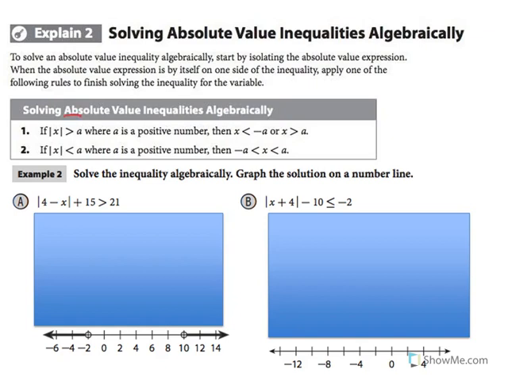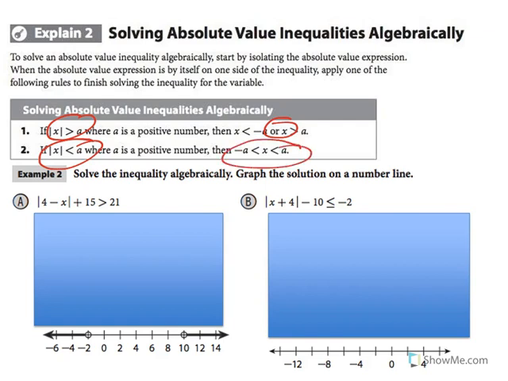So when we have this part, we use the term or. Number 2: if the absolute value of x is less than a, where a is a positive number, then x is greater than negative a and x is less than a. So when we isolate the absolute value, if it's less than a, then we use the term and.